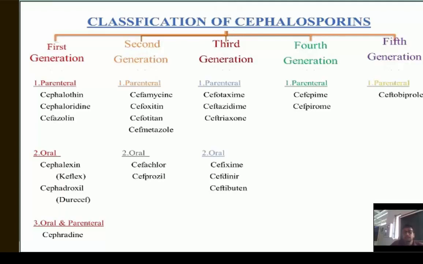Next is the third generation: parenterally given are ceftazidime and ceftriaxone, and orally cefixime, cefdinir, and ceftibuten. The fourth generation, parenterally given, are cefepime and cefpirome, and the fifth generation, parenterally given, is ceftobiprole.